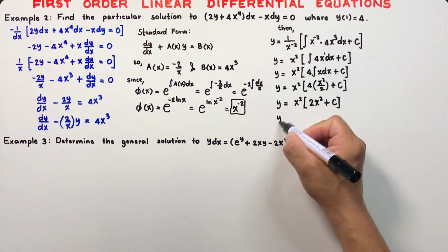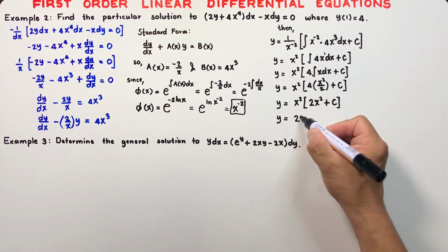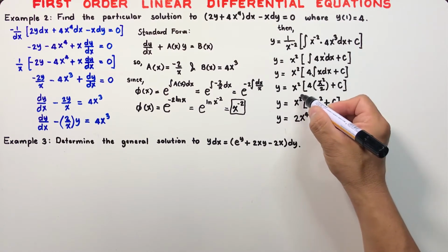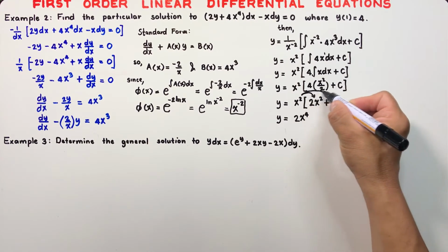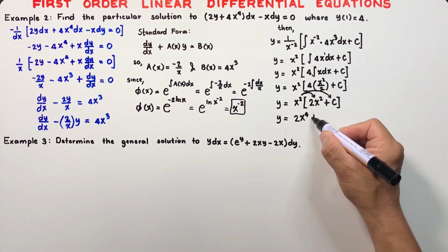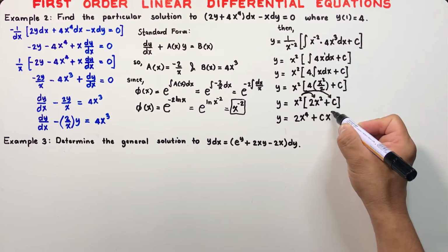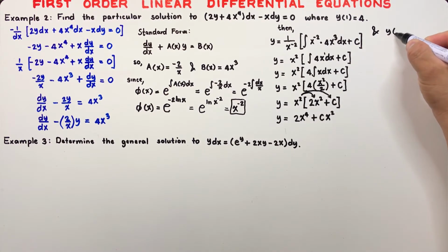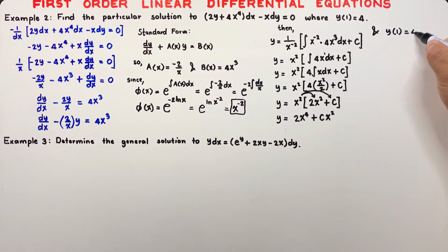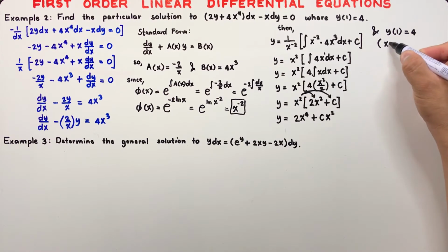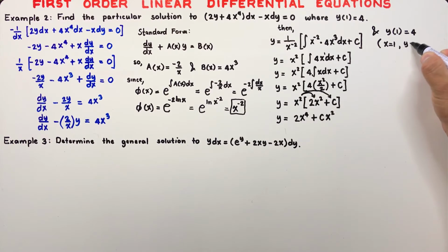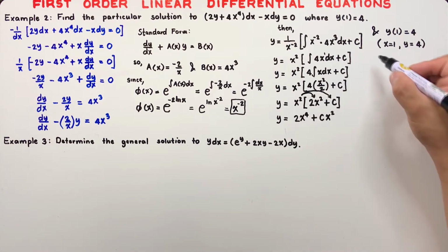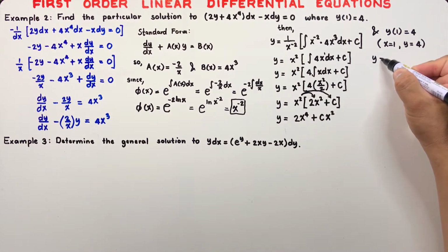So we have y equal to 2x to the 4th, when you distribute this x squared to this c, plus c x squared. It is also given that y of 1 is 4, which means that when x is 1, y is 4. So substituting these values into our solution, we can obtain our c.